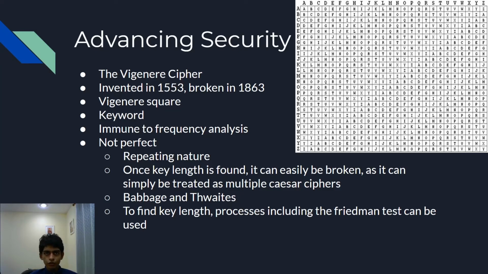So Thwaites gave him some passages that were encrypted with it, and using techniques such as these, Babbage was able to decrypt the message without ever knowing the key, and perform this cryptanalysis to show that the Vigenère cipher wasn't very secure at all. And there are mathematical processes, such as the Friedman test, which can be used to find this key length and get good estimates of it. While having some sort of brute force calculation for it can work, the Friedman test is obviously better.